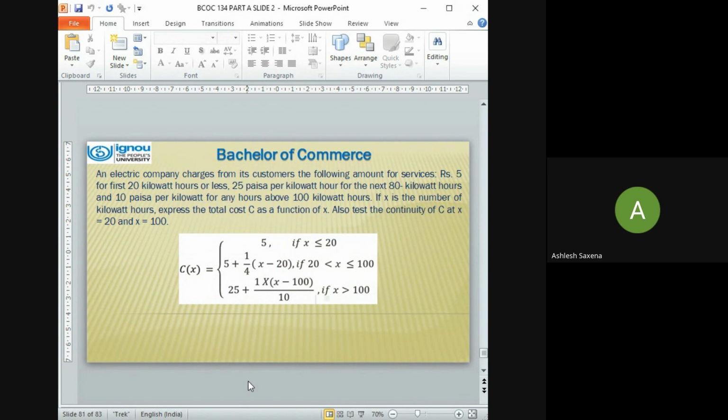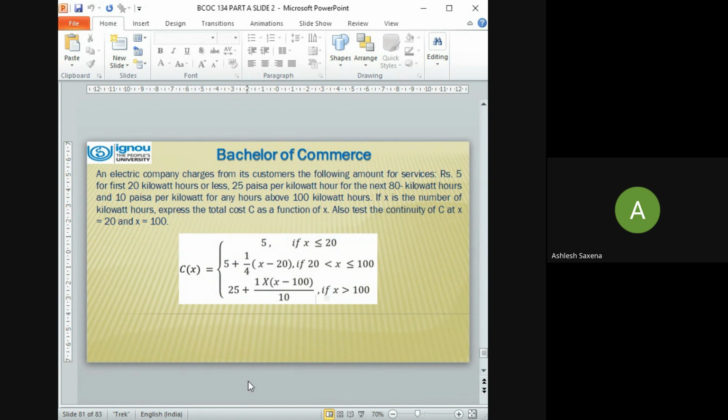Listen very carefully to how your electric company normally charges. They are charging exactly like this. Rupees 5 for the first 20 kilowatt hours or less.